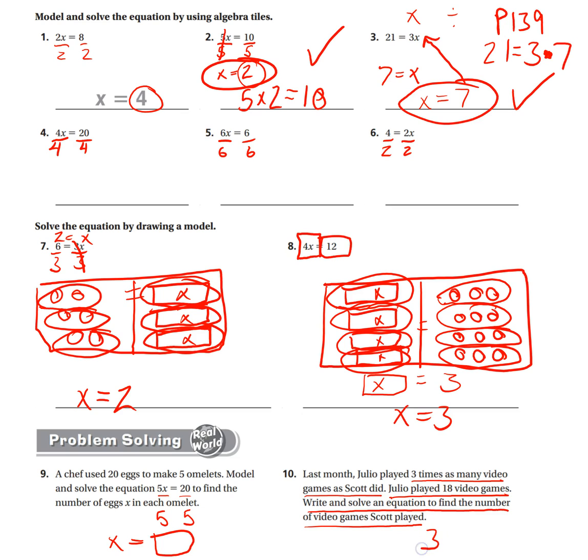So, Julio played 3 times as many as Scott, and Julio played 18. So we know 3 times whatever Scott played equals 18. So now I just divide both sides by 3. And I'll let you finish that math to get S by itself, simply by doing the inverse operation and dividing both sides by 3.